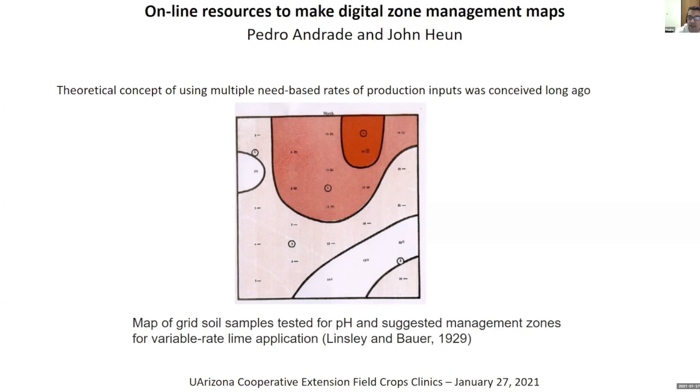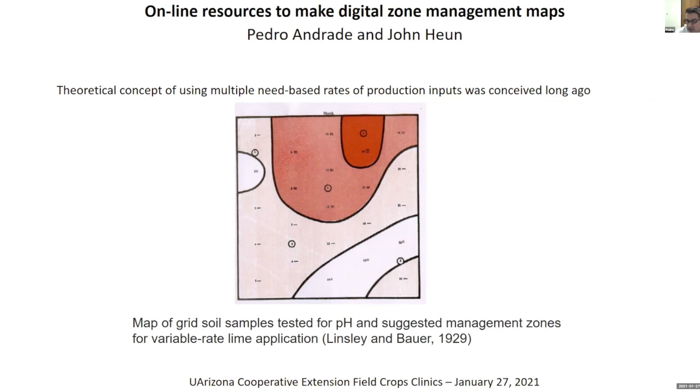They determined the needs of lime. This is in the Midwest. And they said, okay, these are the zones to be defined, in 1929. There was no technology back then that could make this possible, but I guess the point is evident and logical, right?